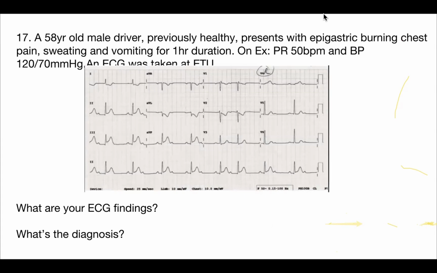A 58-year-old male driver, previously healthy, presents with epigastric burning type chest pain, sweating and vomiting for 1 hour duration. Pulse rate 50 beats per minute and blood pressure 120/70. ECG is this. So what do you see here? Give me the complete diagnosis.